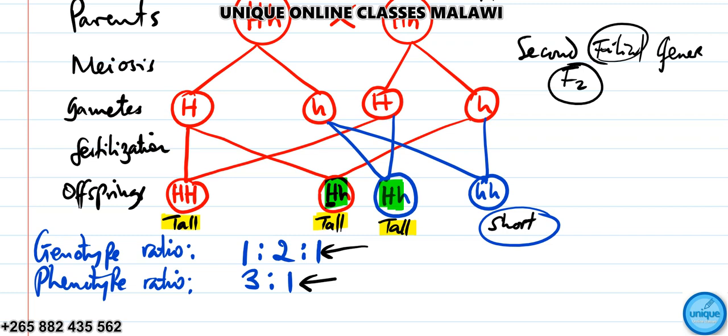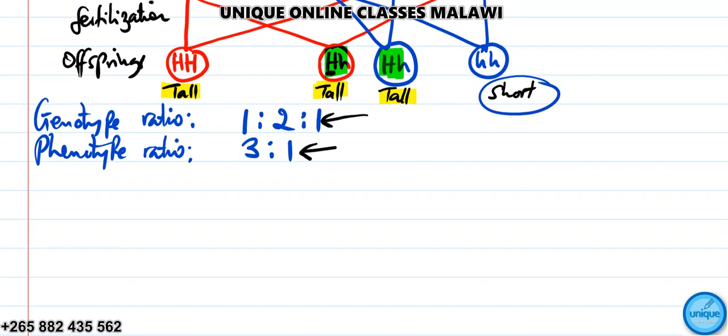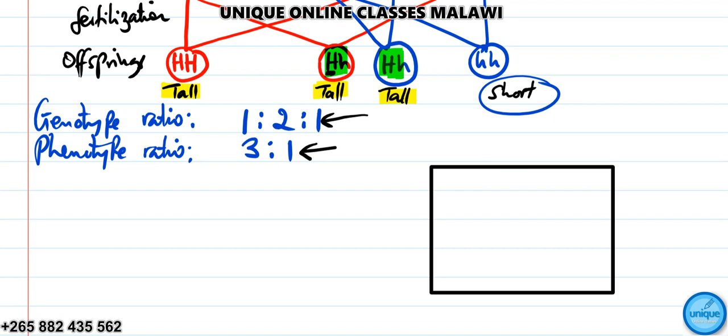What if you can have a punnet square? Punnet square is so simple. Chimene chimachitika ndigwetsa ntchito zomwezi muone kuti punnet square muoneka bwanji. So let's have this, something like that. Ndi timakhala ndi ma line apo.